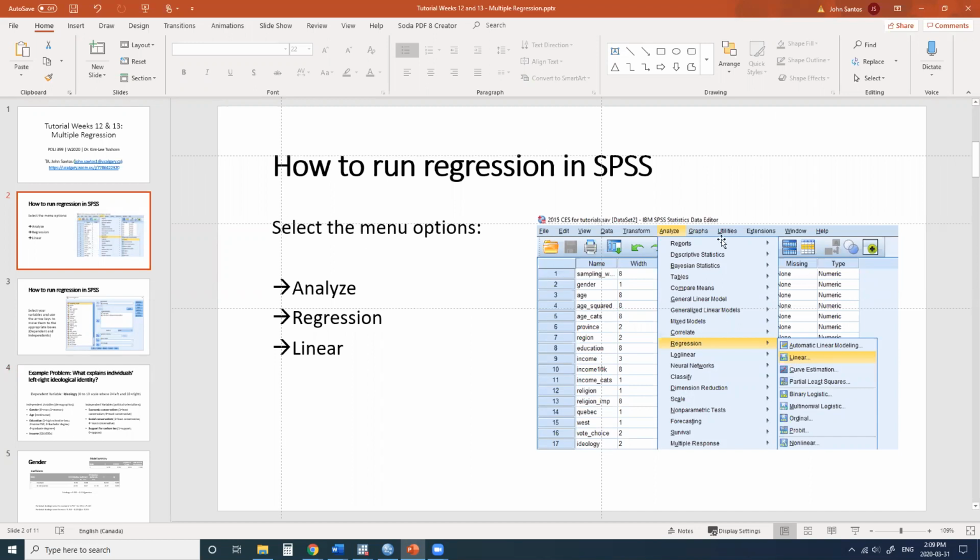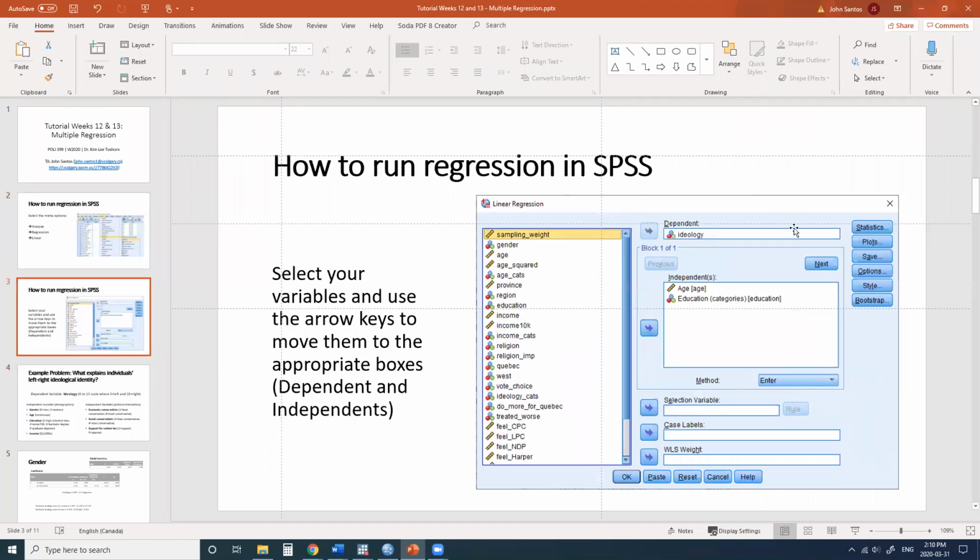To run a regression in SPSS, we simply go to the menu options where it says Analyze, Regression, choose Linear Regression, and then as you'll see, there's 2 boxes, one where we place the dependent variable and one where we place the independent variable. So let's do that together.